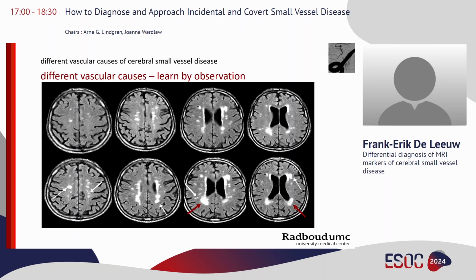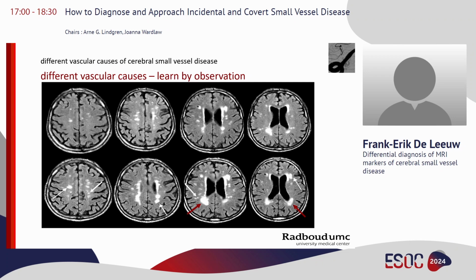So the top row reflects baseline imaging in a patient with quite severe cardiac hypertension, and the lower panel reflects follow-up imaging a couple of years later. You see isolated incidental subcortical lesions with white arrows, and these seem to pop up more or less randomly in the white matter in an isolated fashion.